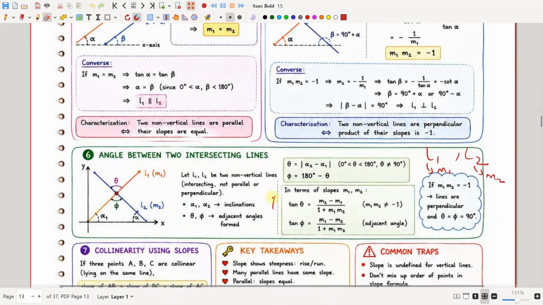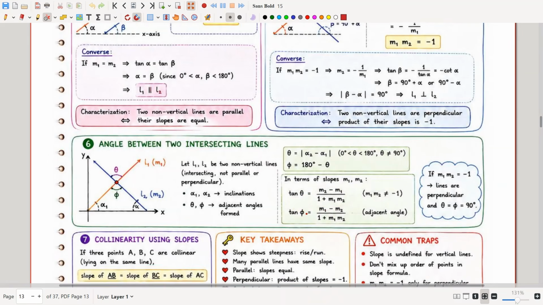Then we can use the formula tan theta is equal to (m2 minus m1) divided by (1 plus m1 m2), which will give us the theta value, the angle between those two intersecting lines.